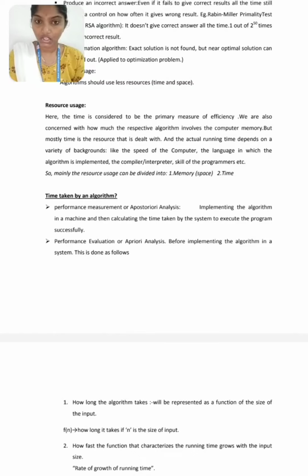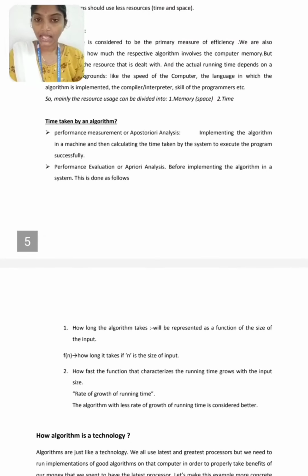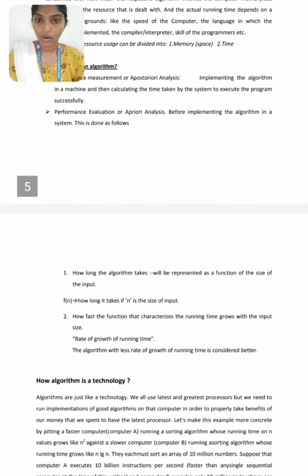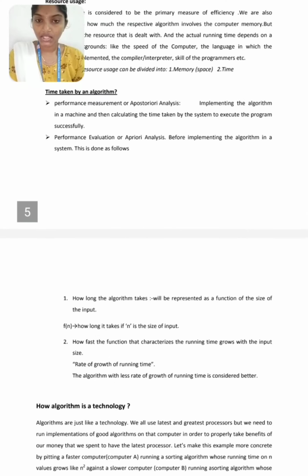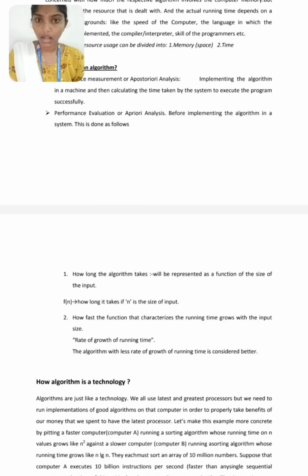So mainly the resource usage is divided into memory space and time. Next, time taken by an algorithm. Performance measuring: implement the algorithm in a machine and measure the time taken by the system to execute the program successfully.